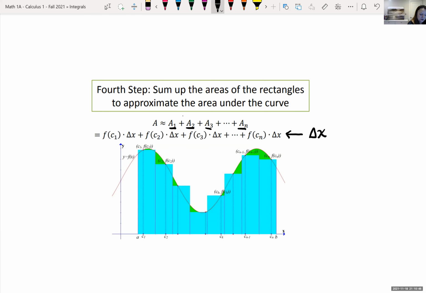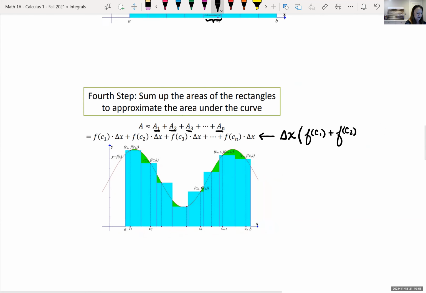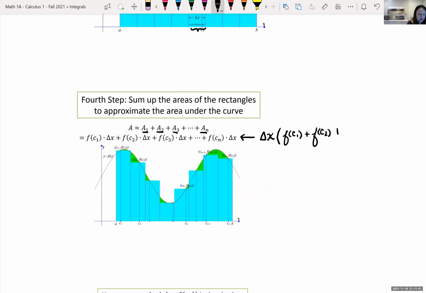It's the width of each rectangle, delta x, times f of c sub 1, the height of the first, plus the height of the second, all the way out to the height of the nth rectangle, f of c sub n.